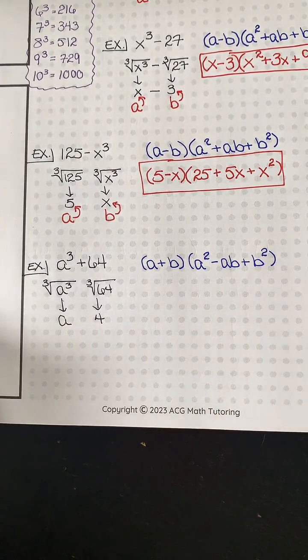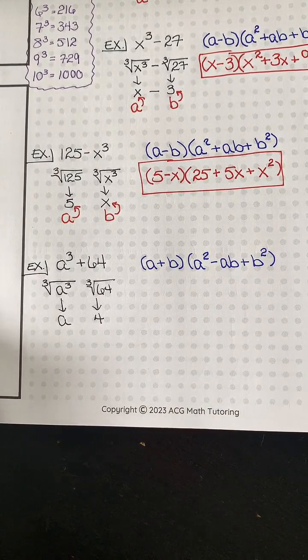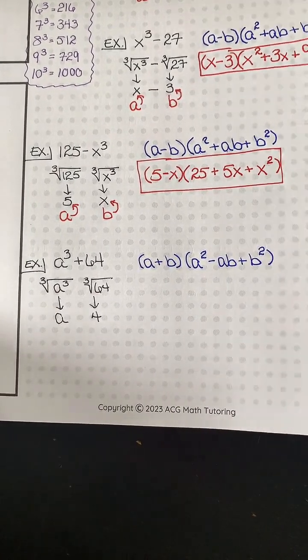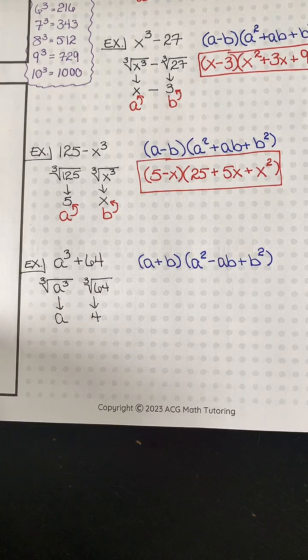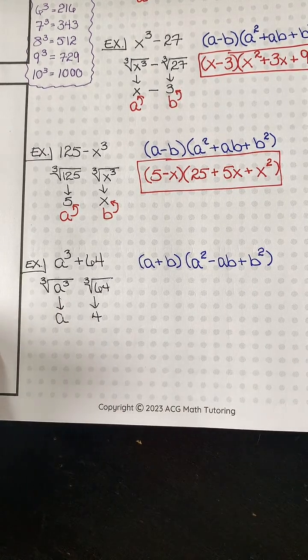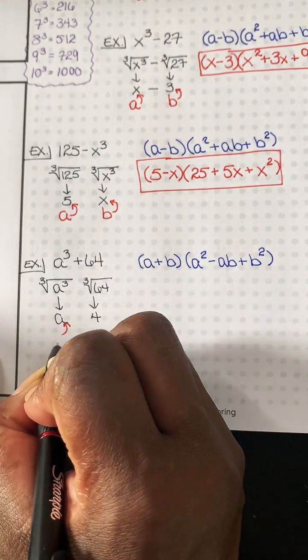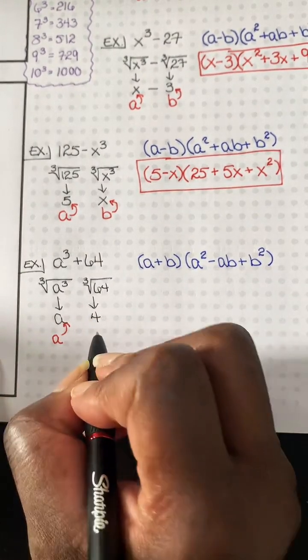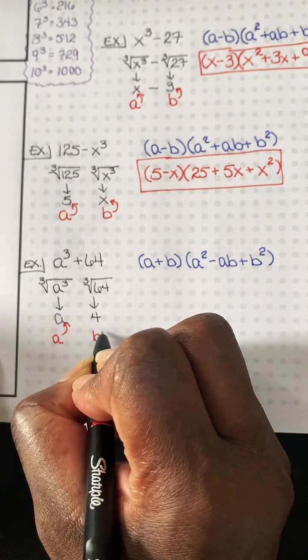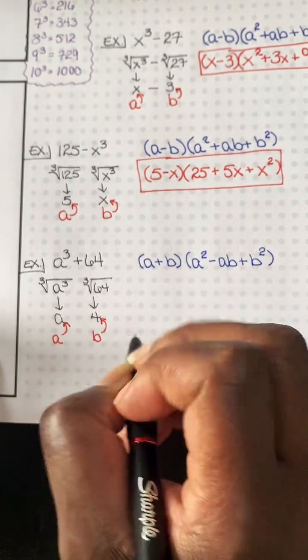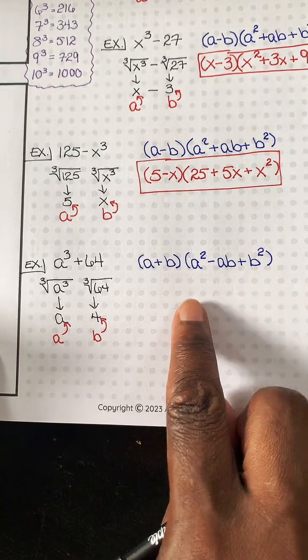Yes, it is sum of cubes. So A is going to be your A, duh, right? But the 4 is going to be your B when you substitute into the formula.